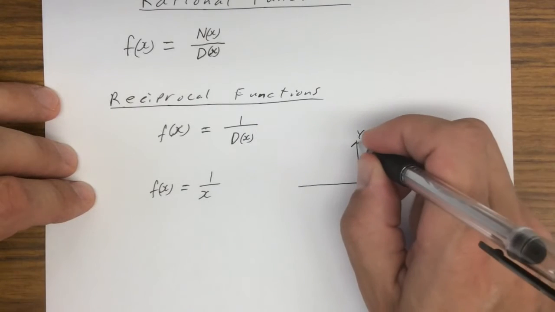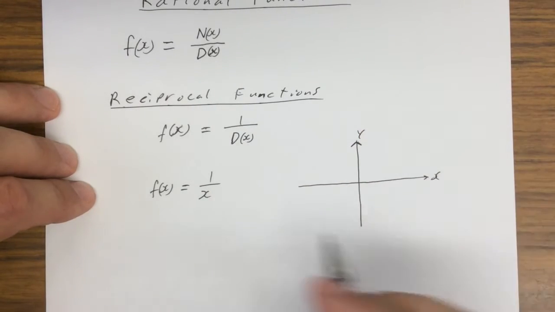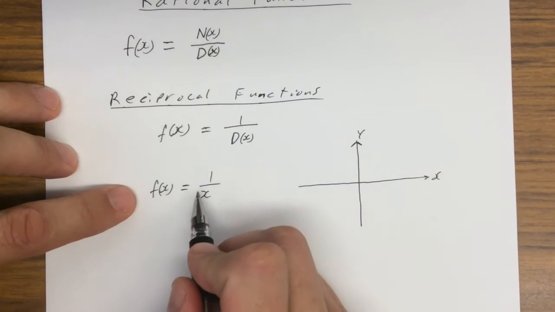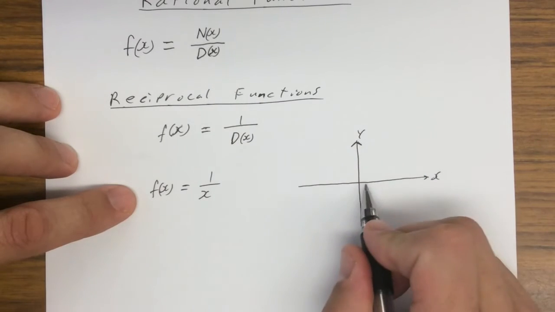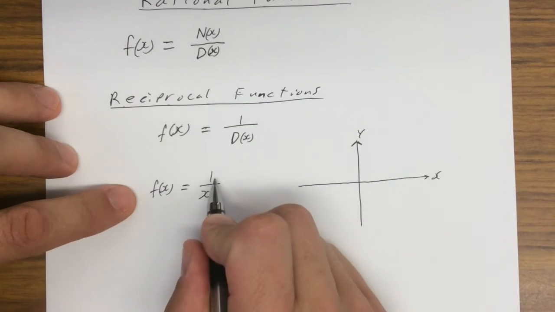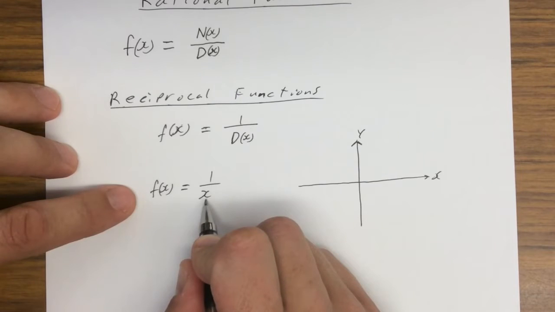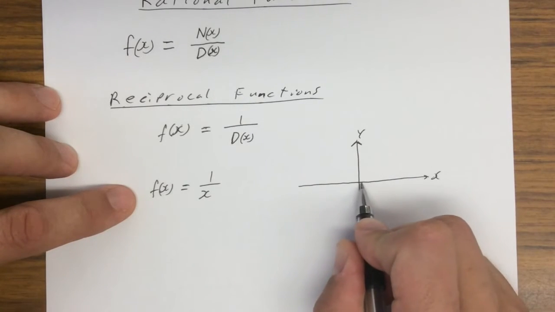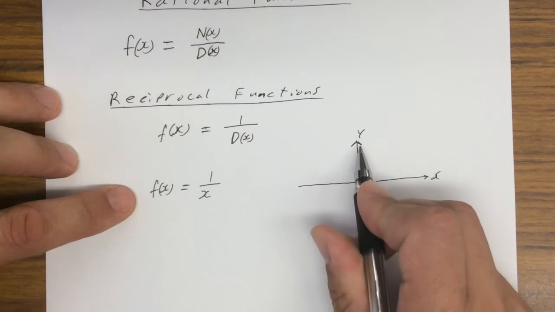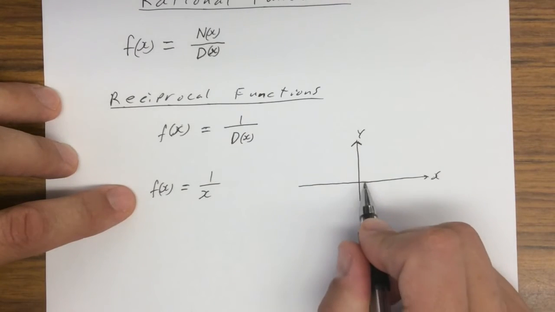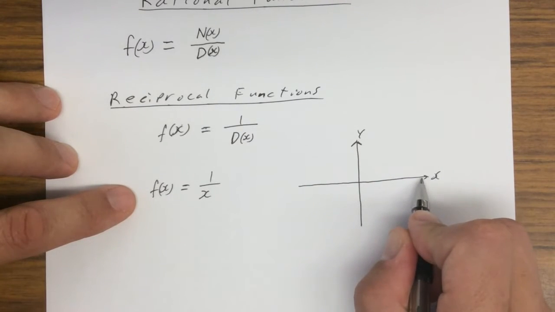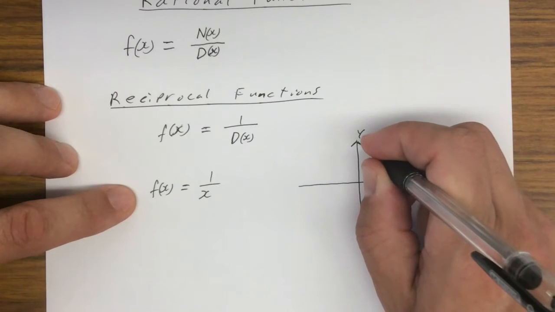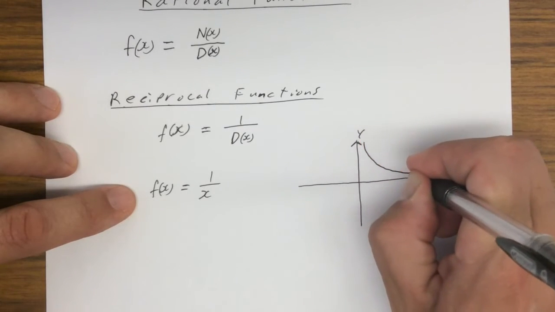If you take all the numbers that are positive on this side and you do 1 divided by those numbers, well, 1 divided by a really small number between 0 and 1 is going to be big. And 1 divided by a really big number, say greater than 100, is going to be really small. It's going to be 1/100th. So this side of the graph looks like that.